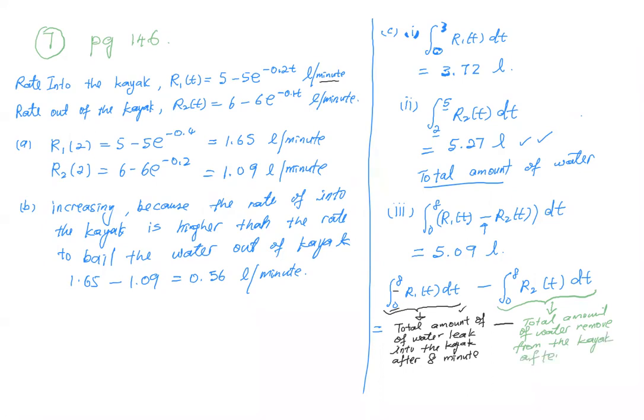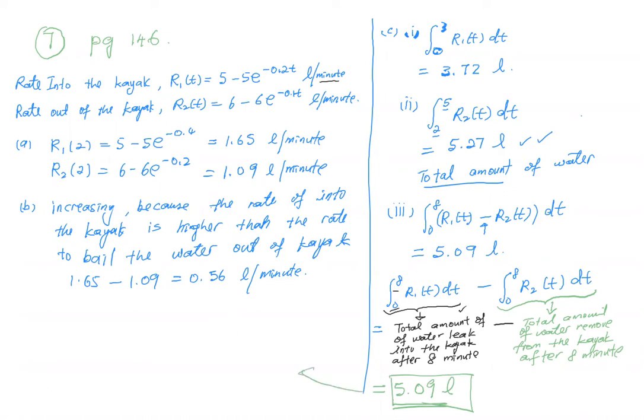So if I put this in words, and I got 5.09 liters, how do you interpret this 5.09 liters? Based on this one, you minus this.